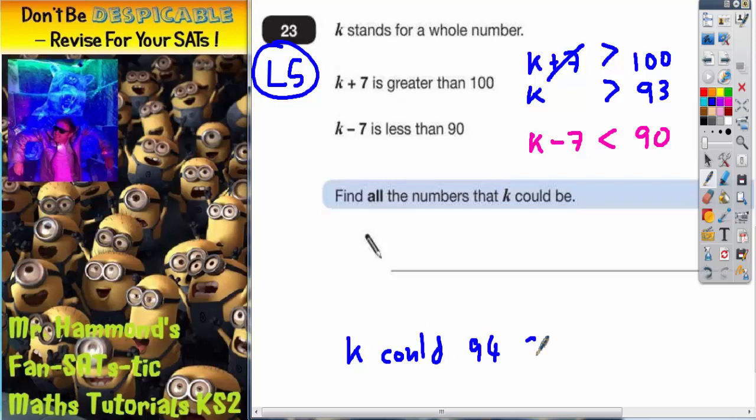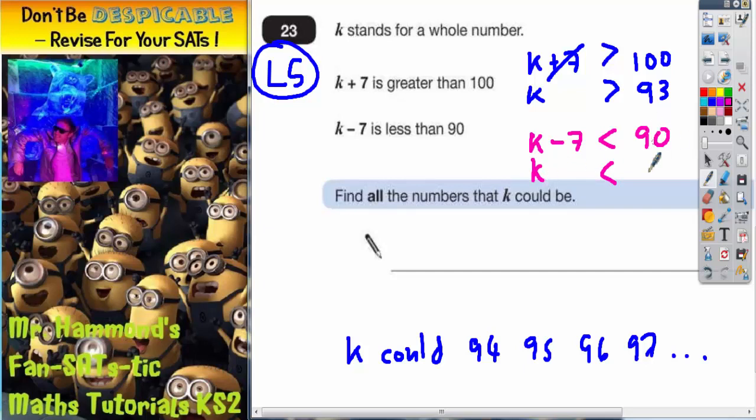94, 95, 96, 97, and so on. With the other one, K minus 7 is less than 90. Now to get rid of this subtract 7, to get it back to 0, we need to add the 7 back on, so that we're just left with K. And if we add the 7 back on here, just to be left with K, we've got to add the 7 back on the other side as well.